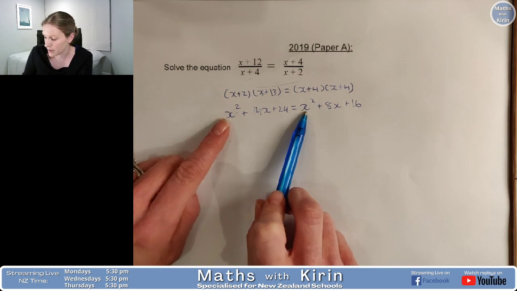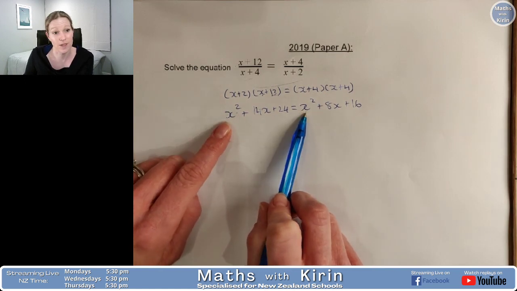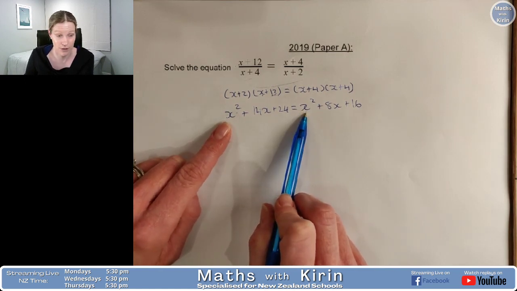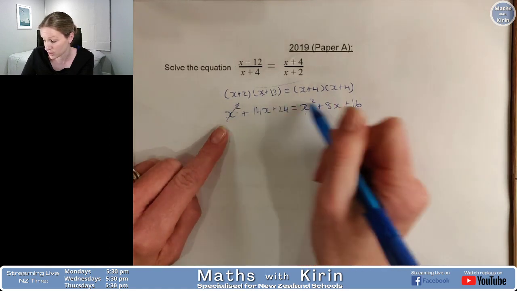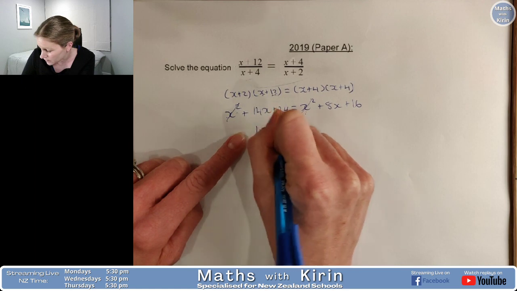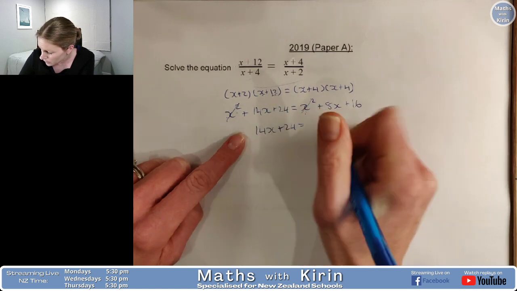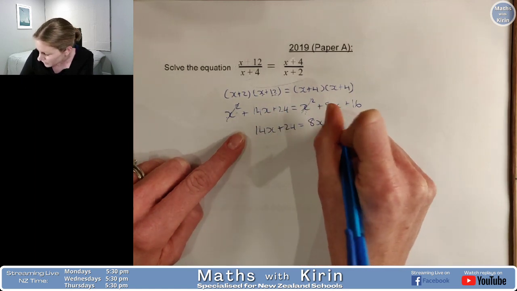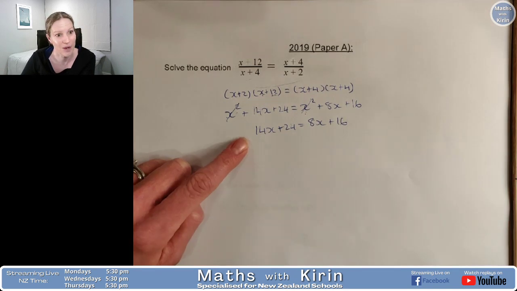You'll see that we've got an x squared on both sides. If we take an x squared away from both sides, then they actually just essentially cancel each other out. So we are left with 14x plus 24 is equal to 8x plus 16, linear equation.